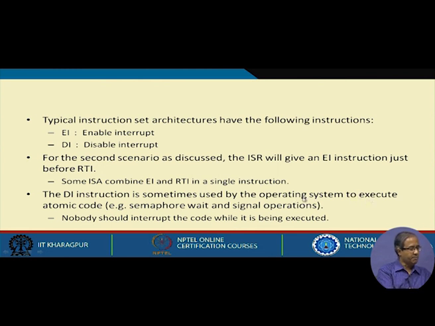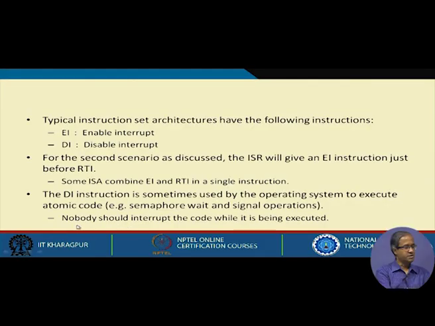Like there are parts of the operating system where some atomic code is executed. Some example is semaphore wait and signal operations. For those who have studied operating systems, you will know. Atomic means there is a function which you should either execute completely or should not execute at all.